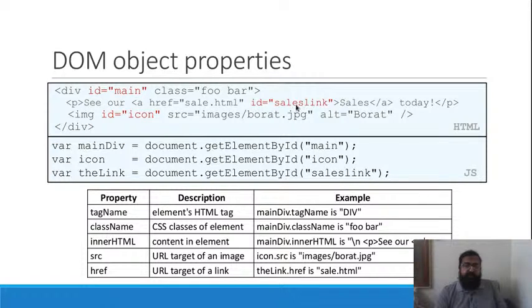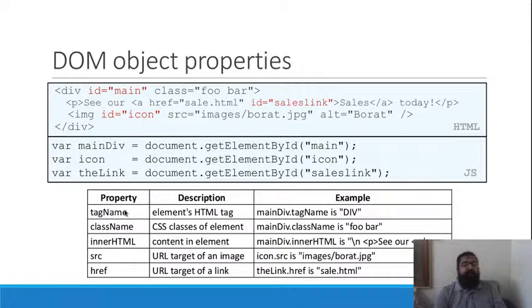The sales link is an a tag and the icon is an image tag. The main is a div which encloses both the sales link and the icon, and we created two other variables: icon for the image tag and link for the a tag. The main is the overall encompassing object.